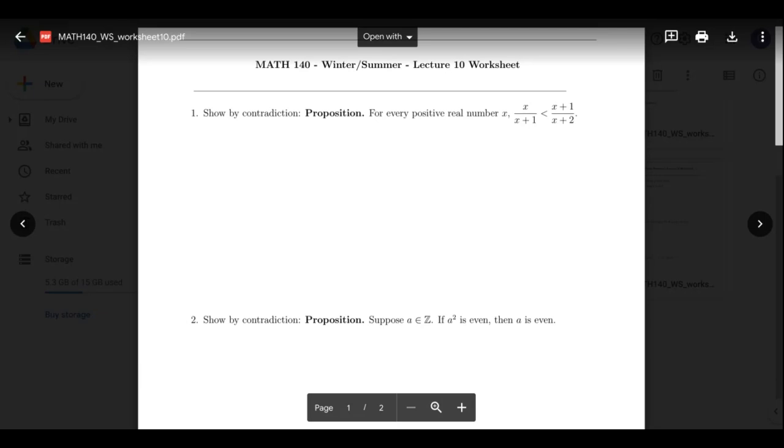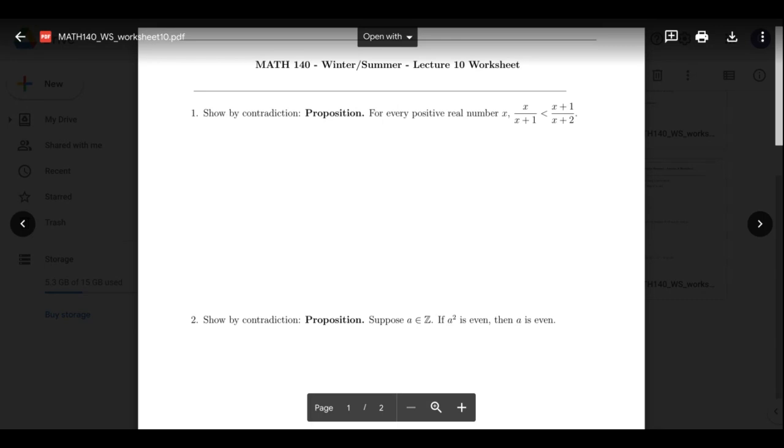That's right. You see, in this case, this is saying for every positive real number x something, right? We want to assume this whole statement is wrong. We assume it's false. We say, assume the proposition is false. So basically, we negate everything. Then we go from there. Then we'll arrive at a contradiction. And because we arrived at a contradiction, we go back to say, okay, the assumption must be wrong.